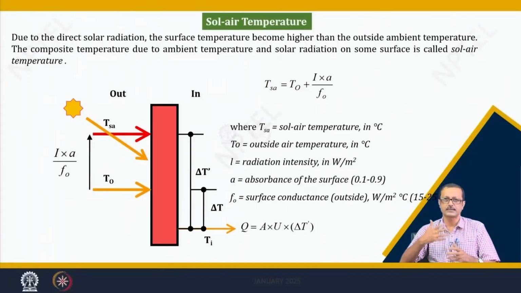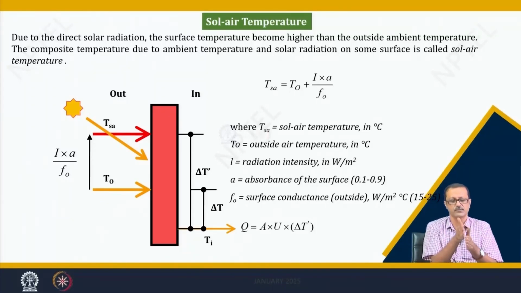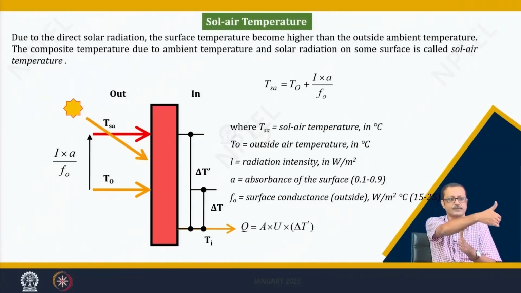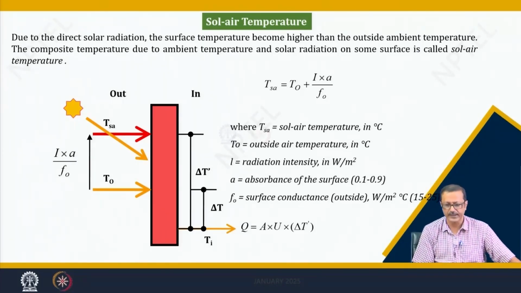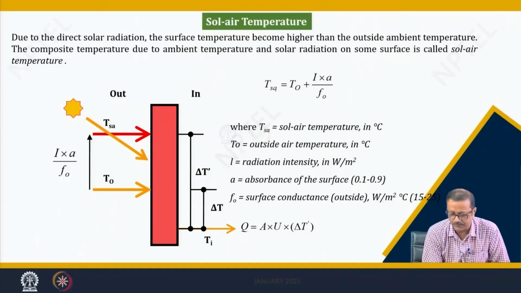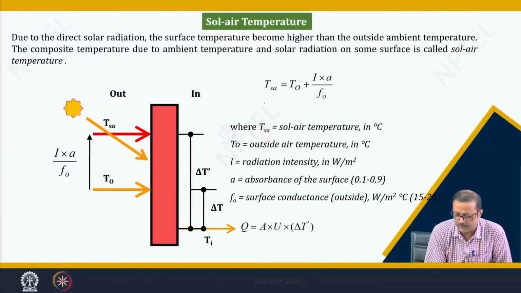So, we have to take that into account, because of the conduction of heat from one surface of the wall to the other surface of the wall. So, this surface condition I have to see. It is not only the outdoor temperature, but also the temperature of the wall surface. So, is it under shade or is it under direct solar radiation, that has to be seen.